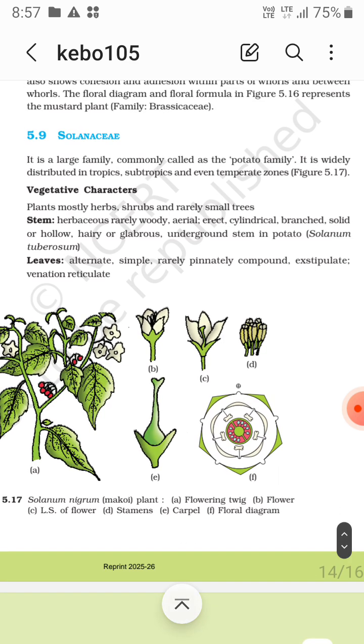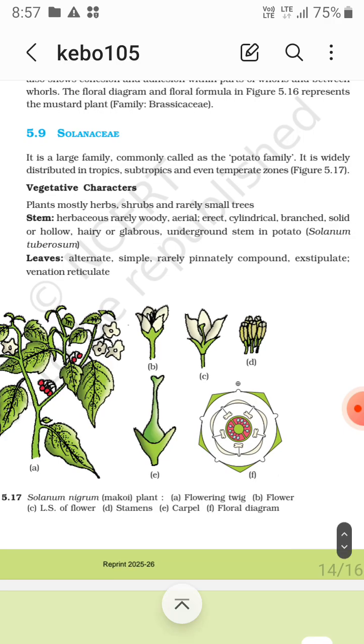Leaves, alternate, simple, rarely pinnately compound, exstipulate, venation reticulate, right? Leaves are important. Alternate is the phyllotaxy, that is the arrangement of leaves, where each node has one leaf in the alternate manner. Then simple, right?